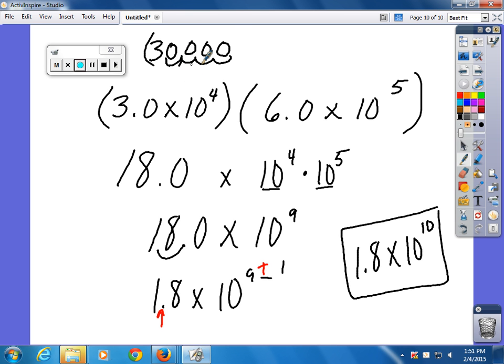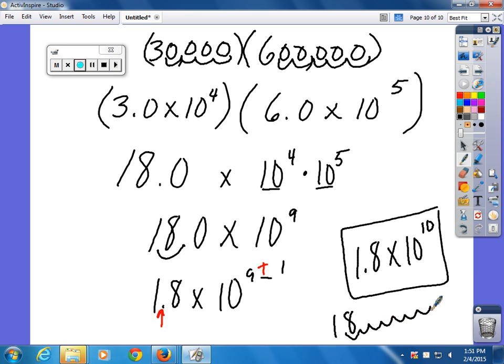You've taken 30,000 and multiplied it by 600,000, and you did it in your head. And you got this number, which is 18 billion. And you feel good about yourself.